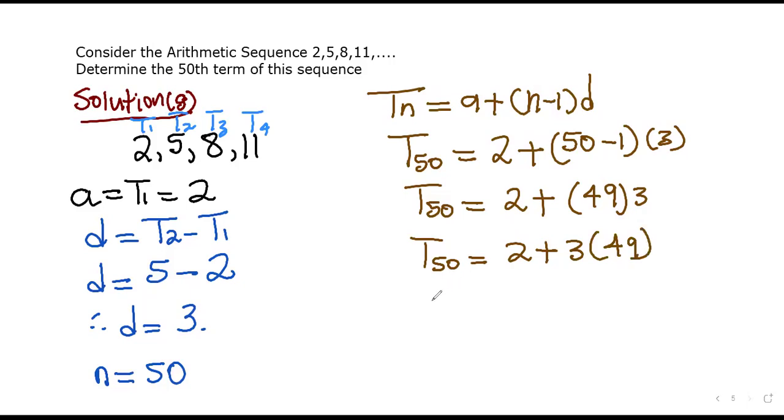And then you're going to say T50 equals 2 plus 147. Therefore, T50 equals 2 plus 147.